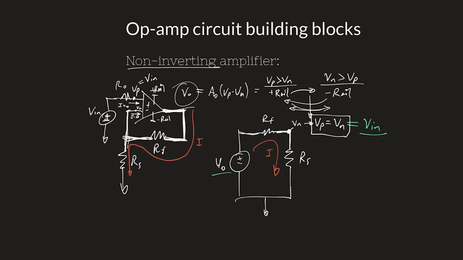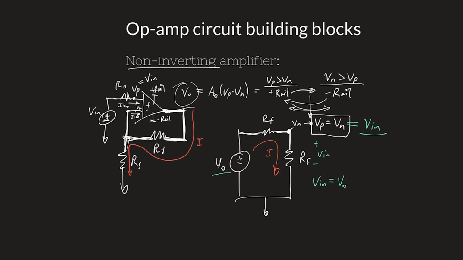Well, Vin, the voltage here with respect to ground, is across this resistor. That's the voltage across RS. So looking at this current through both resistors, I'm trying to find the voltage across one of the resistors. That's what I just did before, the voltage divider. So go back and review the voltage divider and see that I have Vin, which is the voltage across here, is equal to Vout.